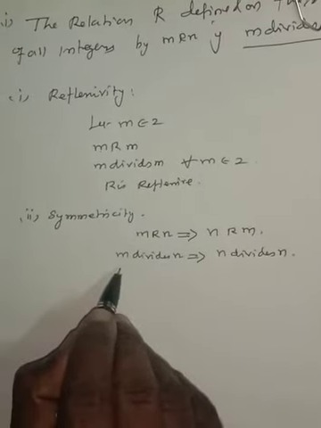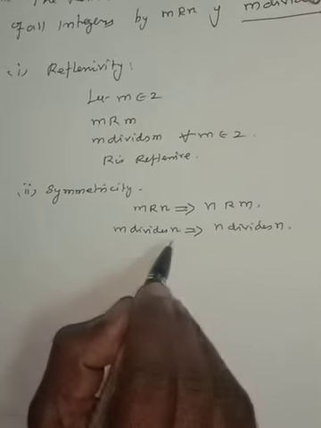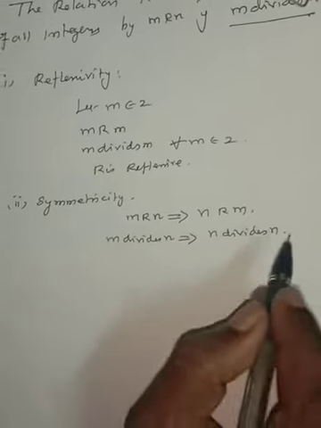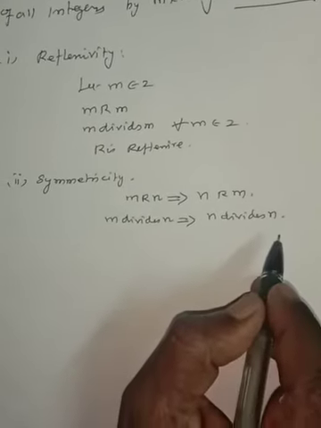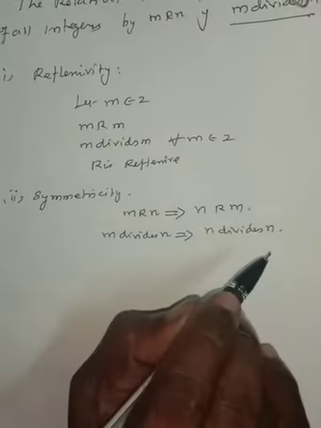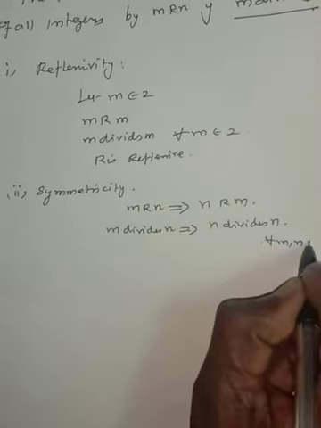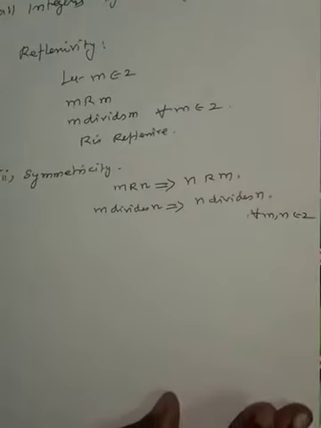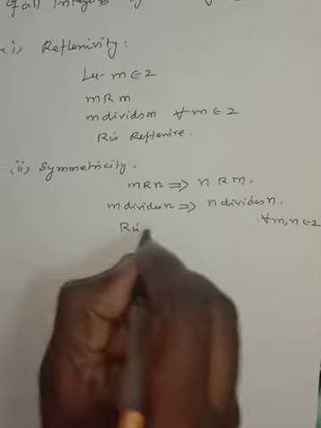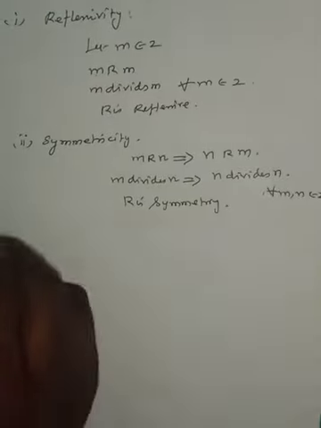Take m and n as integers. M divides n: first integer divided by second integer gives one integer belonging to Z, and the second integer by the first we get another integer. These two integers are in the set Z. Therefore, for all m, n integers, this is symmetry.